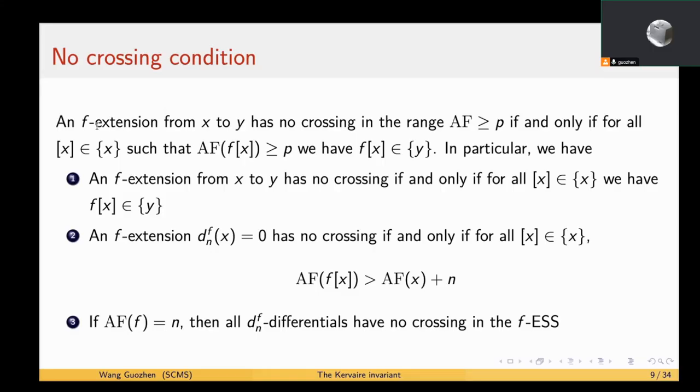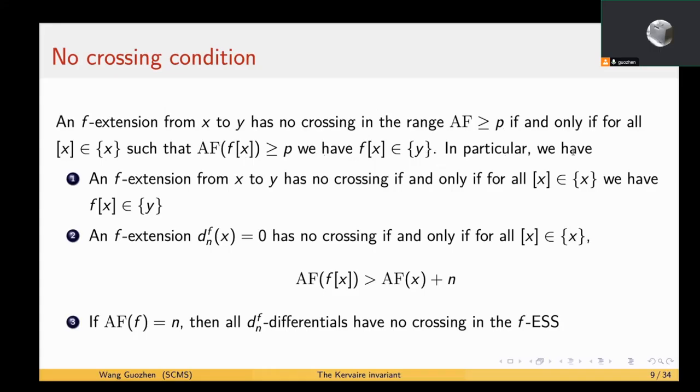More precisely, suppose an F extension from x to y has no crossing in the range of Adams filtration greater than or equal to p, if and only if for all x represented by x such that the image of x under the map F has Adams filtration at least p, we conclude that the image of x under F is detected by y.